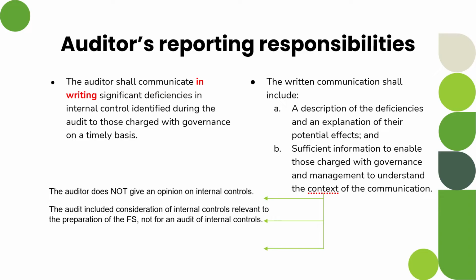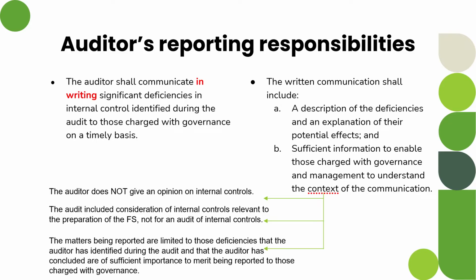And so our audit includes consideration of internal controls relevant to the preparation of the FS, but we are not auditing internal controls. The deficiencies that we have seen are not a product of the audit. They are a product of our consideration of internal controls.